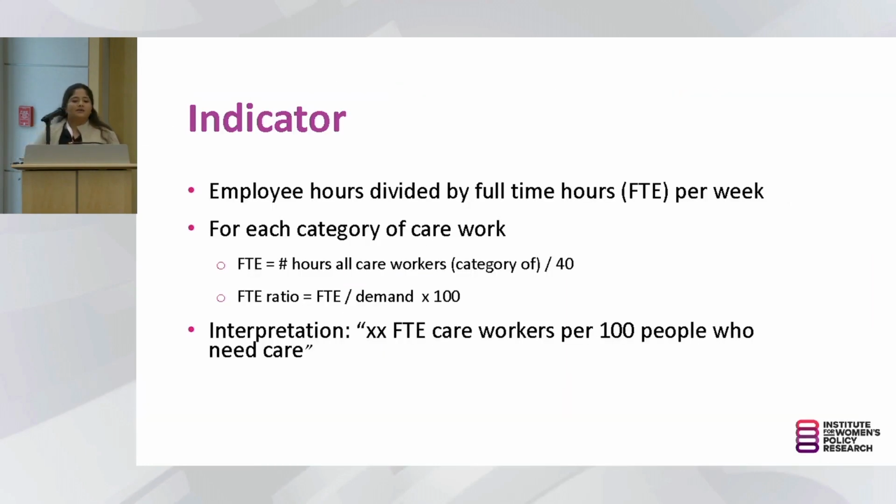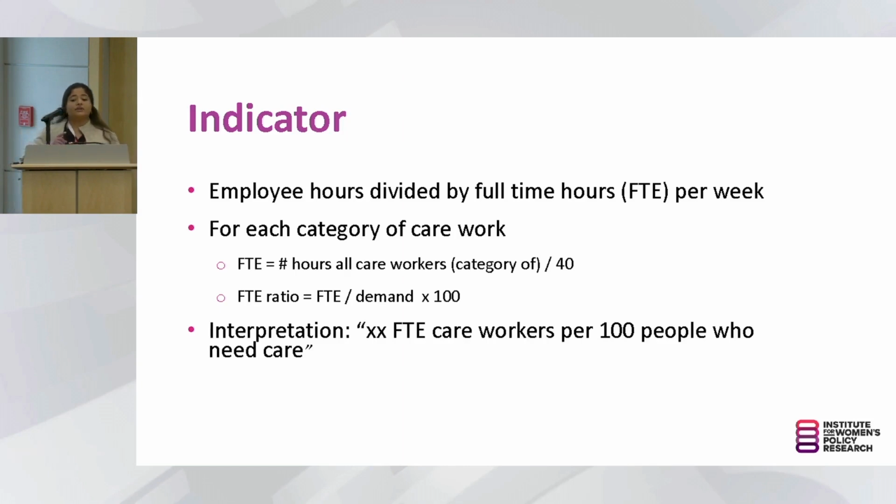So in terms of how we are looking at this, we're creating an indicator where we're looking at all the full-time equivalent workers in each of these categories that we've talked about. The way that we interpret this indicator is that it shows X number of full-time equivalent care workers available per 100 people who require care.